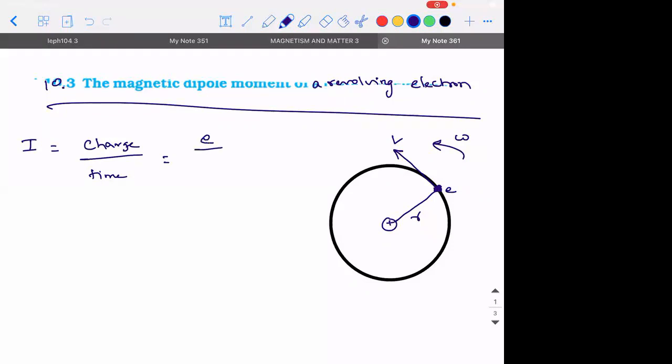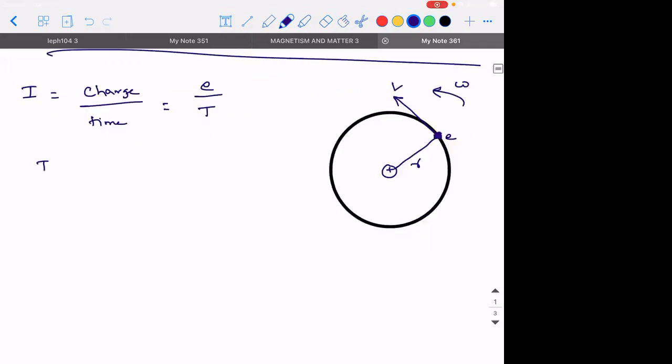It is e, divided by the time taken by the particle to complete one revolution, which is T. So I is equal to e divided by, how can I write time in terms of the circumference and speed? 2 pi r by v. Very good. So it will be e into v divided by 2 pi r. Let this be equation number 1.